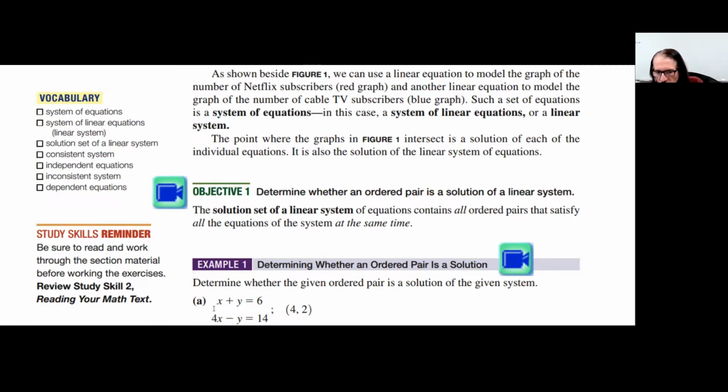When there are two variables and two equations, I refer to that as a 2x2 linear system. In the section after this, we'll take a look at 3x3 linear systems.